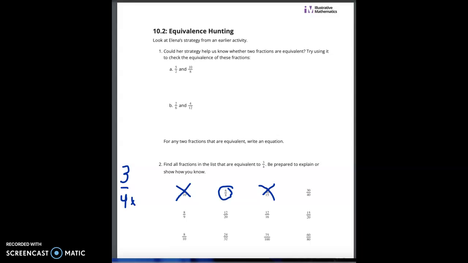So whatever we do to the bottom, we have to do to the top and vice versa. Okay, yep, so 30/40 is. So you would go through this process and keep on going until you figure out which ones are equivalent and which ones aren't. All right, I'm going to stop the video for this lesson and I will have another one for lesson 11 in just a moment.